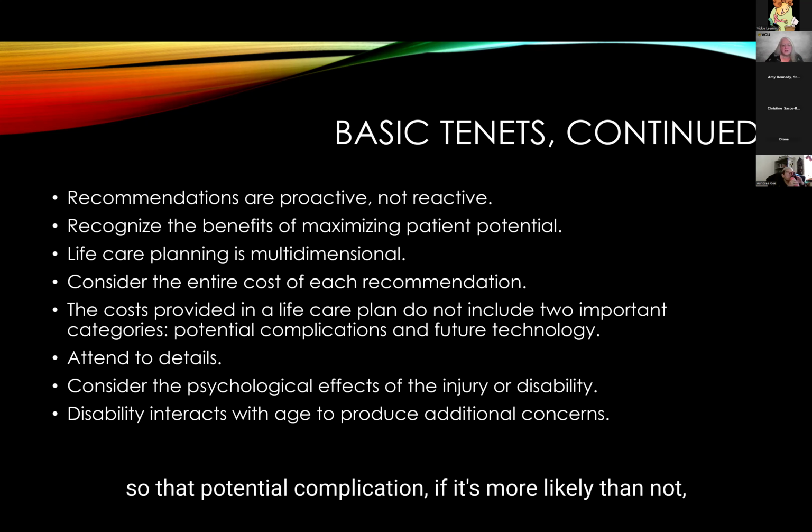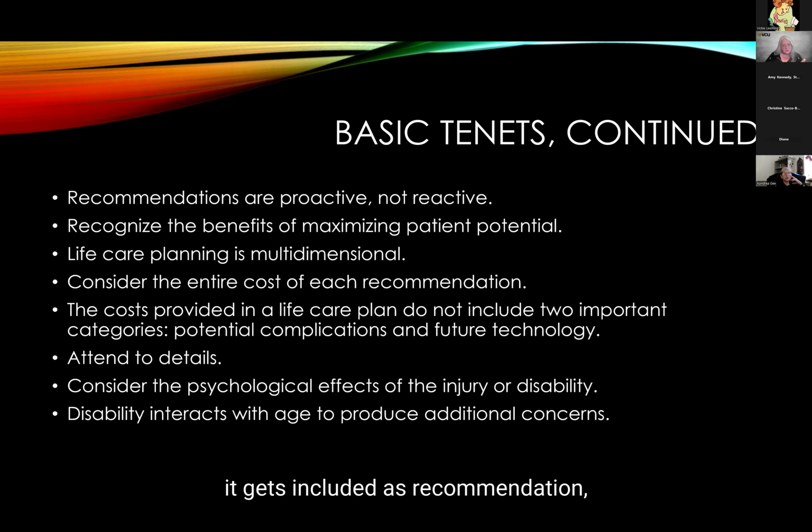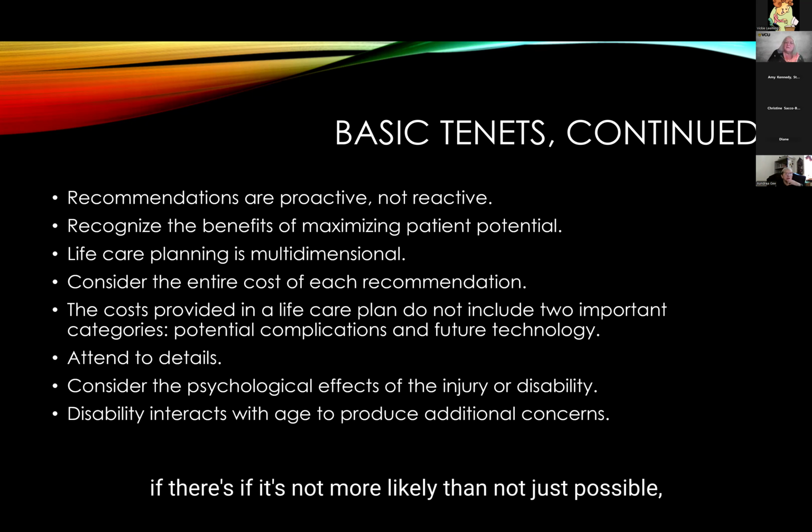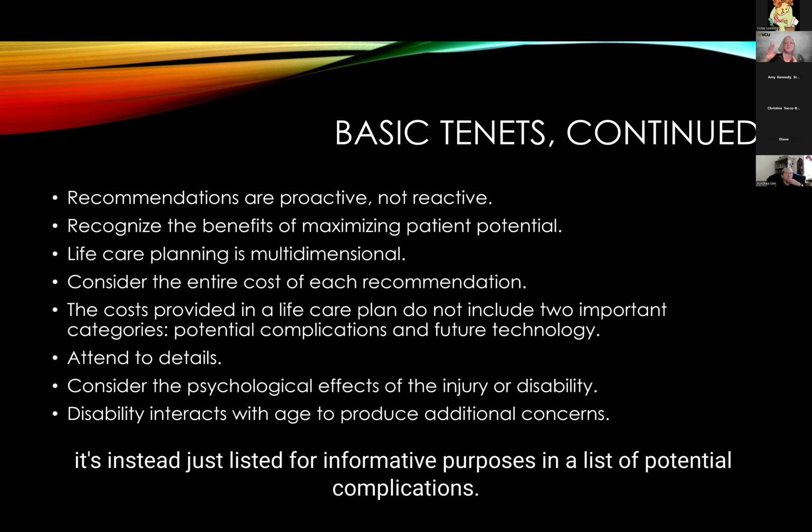So that potential complication, if it's more likely than not, it gets included as a recommendation. If it's not more likely than not, just possible, it isn't included in the costs of the life care plan. It's instead just listed for informative purposes in a list of potential complications.